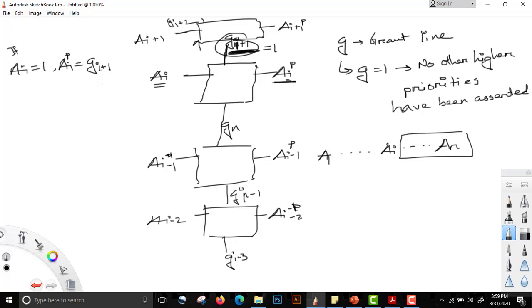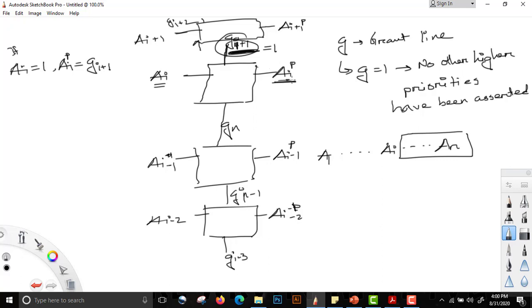Why? We can see that if Gi plus 1 is 1, none of the higher priorities have been used up. That is, An is equal to 0, An minus 1 is equal to 0, An minus 2 is equal to 0, and so on. Now we are considering Ai. All the higher priorities are 0.